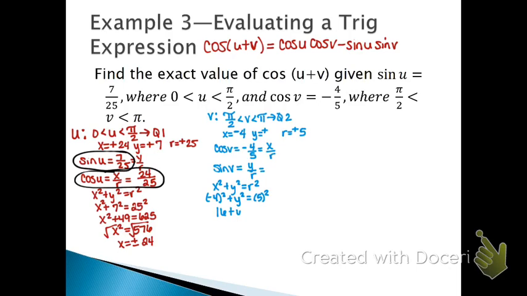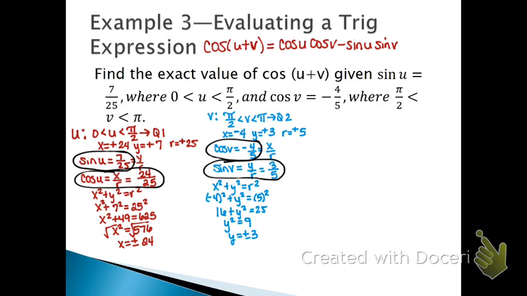So 16 plus y squared equals 25. Subtract the 16. Y squared is 9. Take the square root, so plus or minus 3. And you already told me it was positive 3. So sine is y over r, which means it's going to be 3 over 5. And so there's my cosine of v and my sine of v that I'm going to need to be able to plug in.